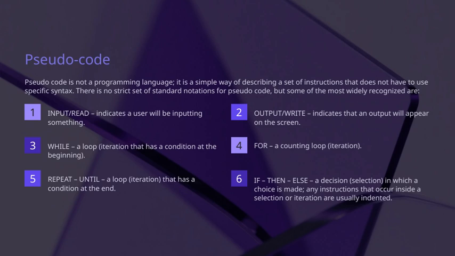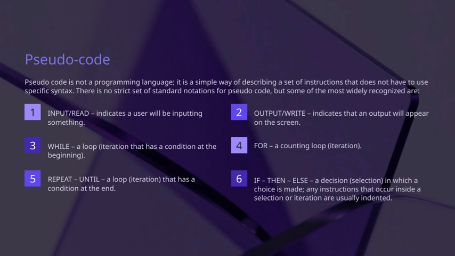Moving on, repeat, until is a loop that continues executing until a certain condition becomes true. The condition is checked at the end of the loop, so it guarantees at least one execution. Similarly, the WHILE loop checks its condition at the beginning, so the loop only runs if the condition is true from the start.